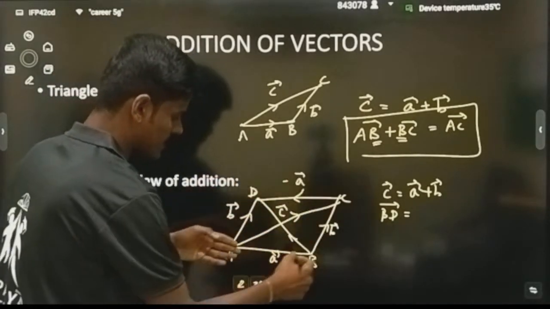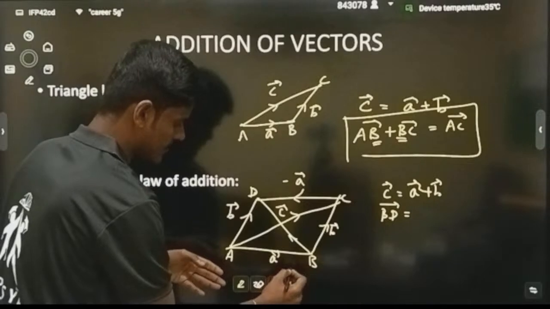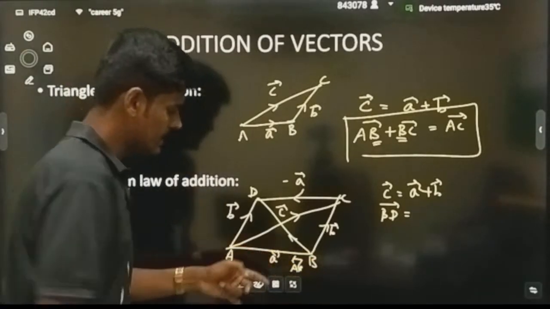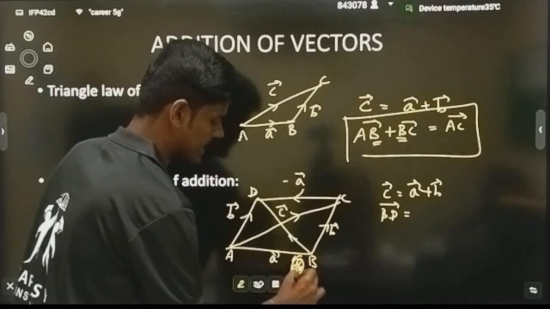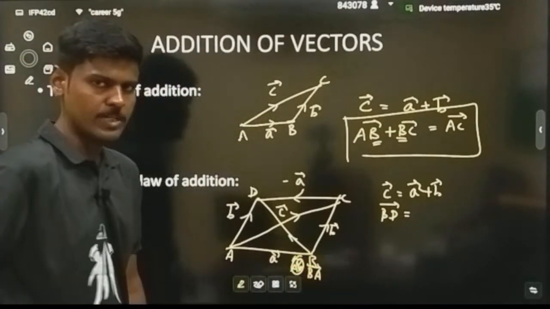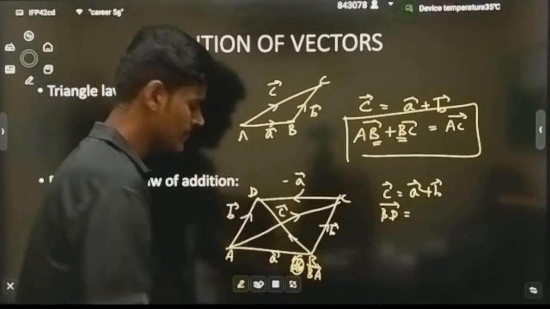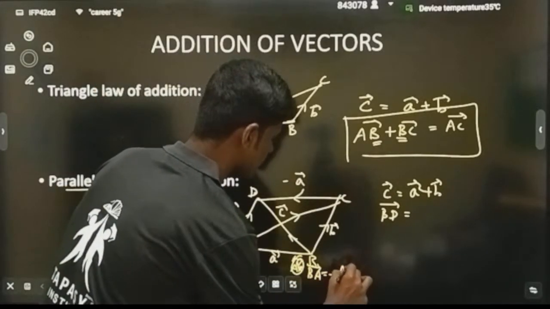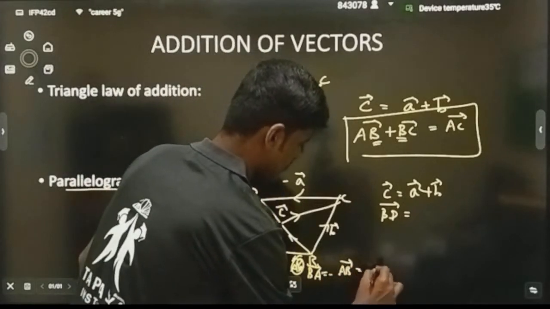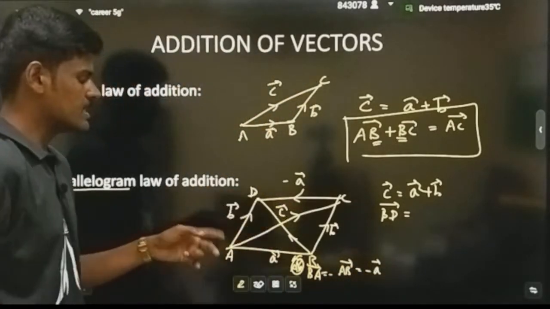So what is the resultant? This vector will be minus of A vector when you go from A to B in this direction. We should not write it like this. Instead, by vector notation, we will write this as BA vector, which is nothing but minus of AB vector, which is minus of A vector. So what is the resultant?